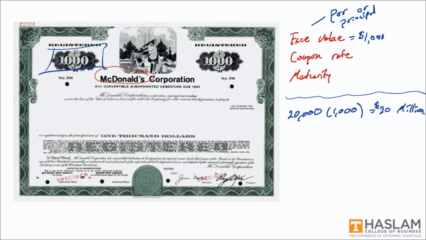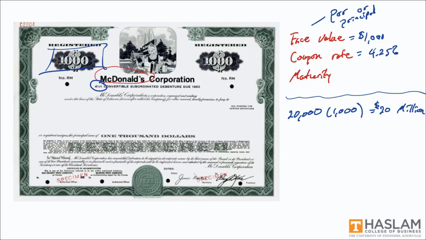A couple of other numbers, the coupon rate and the maturity. Let's look for those. First, the coupon rate is right here, 4.25%. So that's a 4.25% coupon. This tells us how much interest as a percent of par value will be paid out each year.